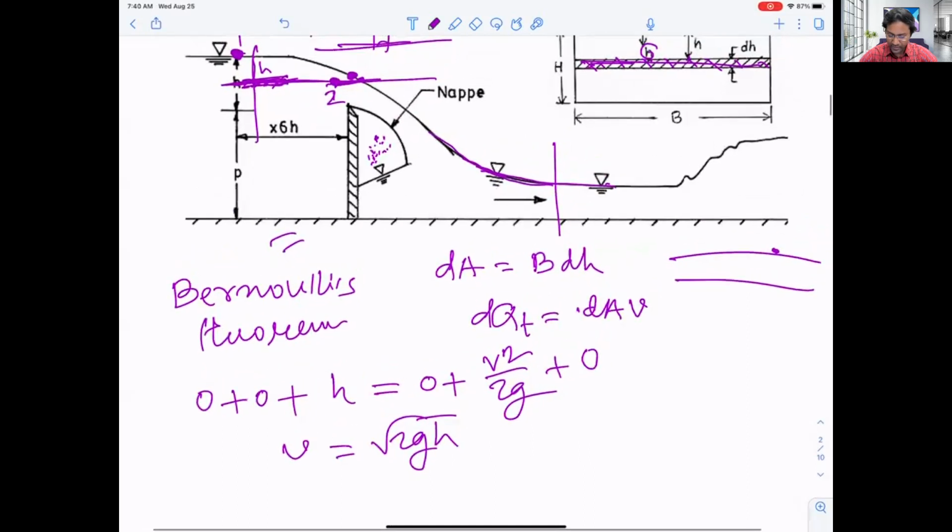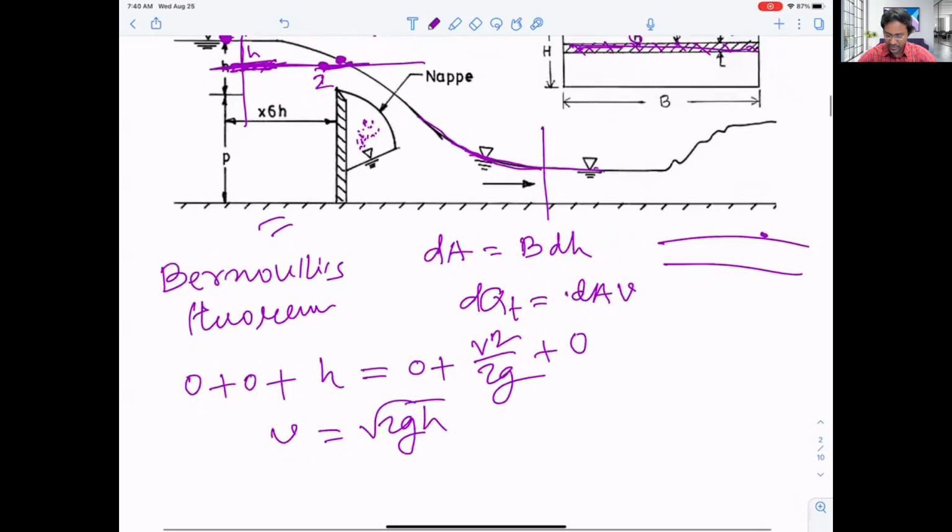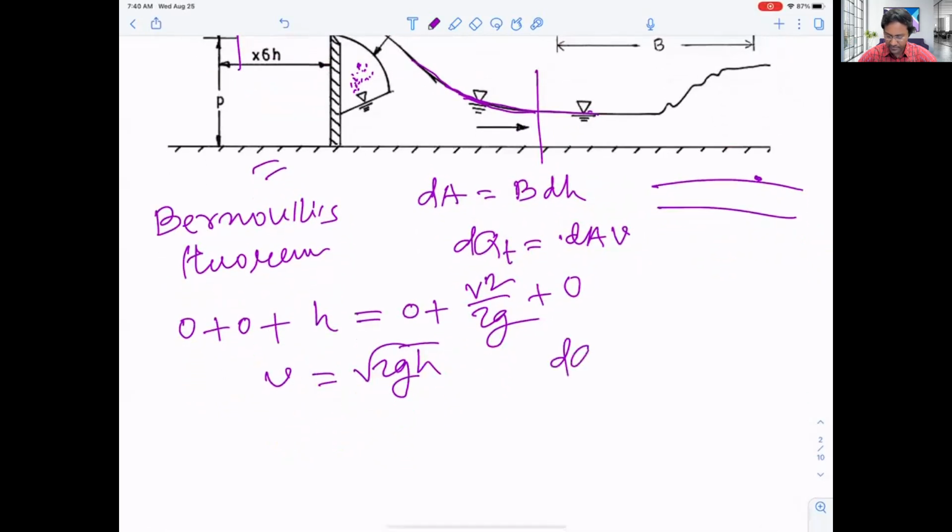So now we have the infinitesimal flow rate, dQt is equal to V dA. dA means B dH, and V for that small strip is root over 2gh.